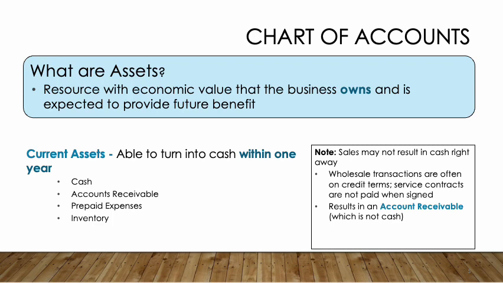And so you might sign a contract with another organization, but you will not receive payment until future periods. That creates an asset known as an account receivable. And so accounts receivable are items for which you have delivered the service, but you have not received cash. And so it's really important to understand that accounts receivable is not cash.